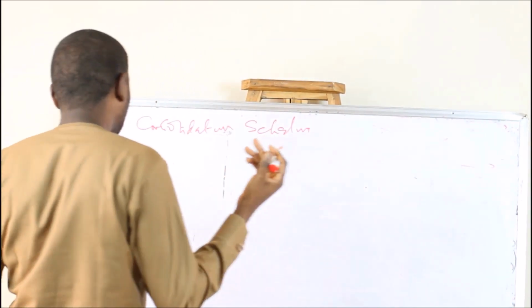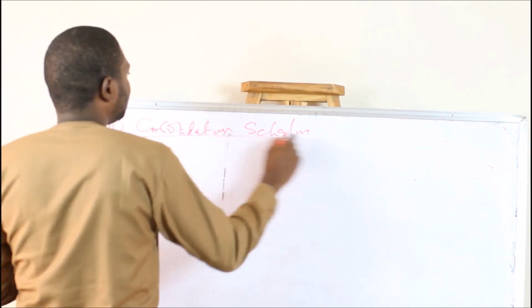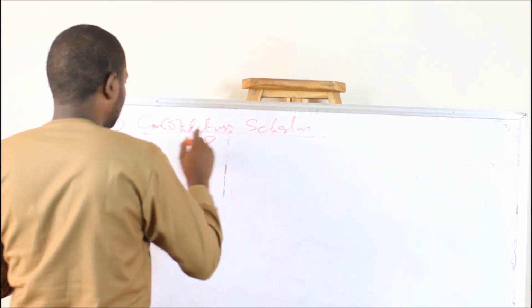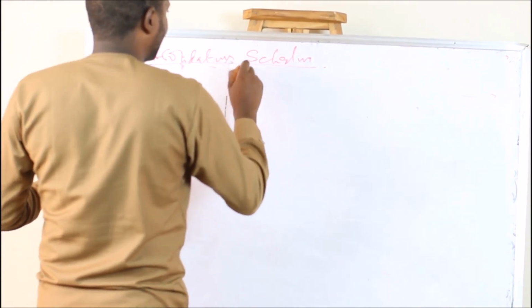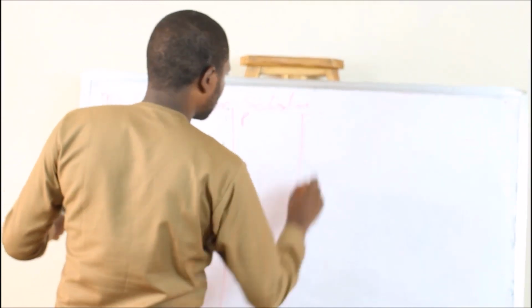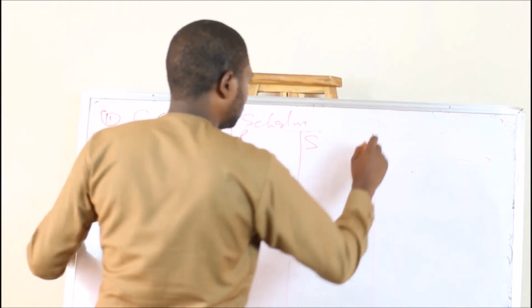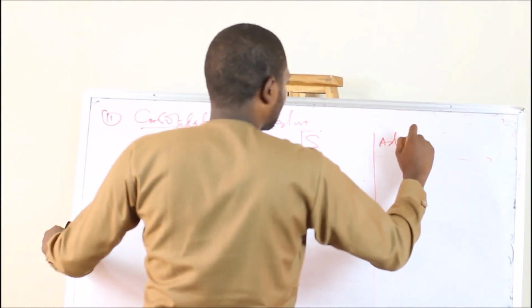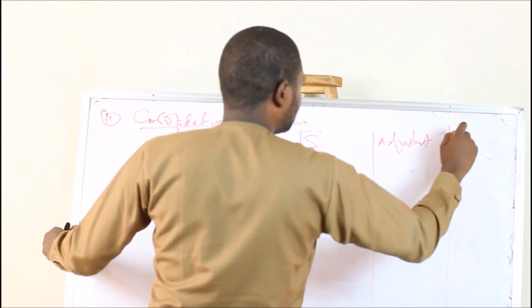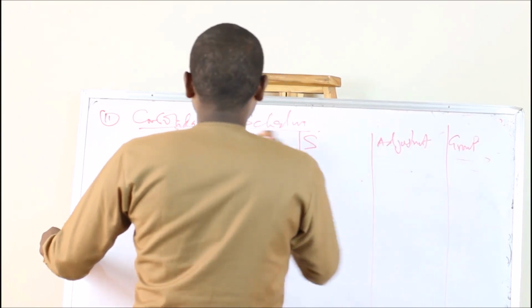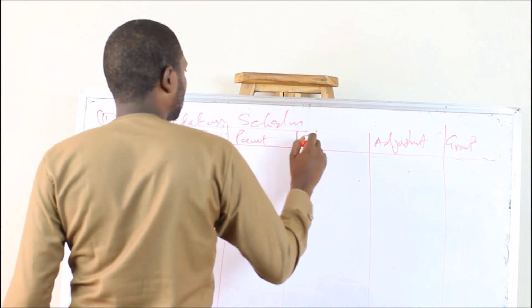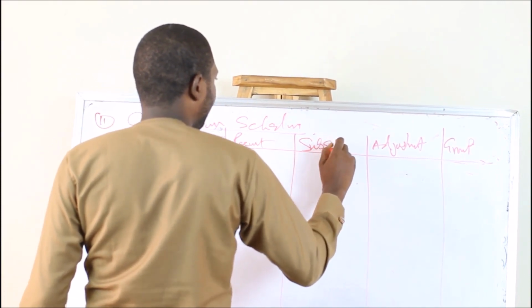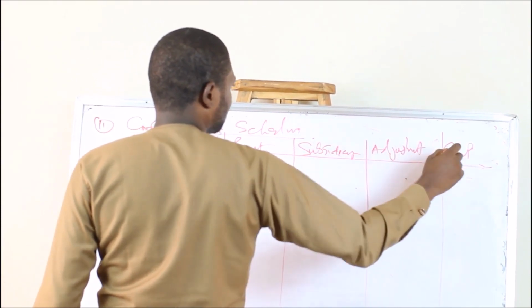In the schedule we have columns: parent, subsidiary, adjustments, and the group.